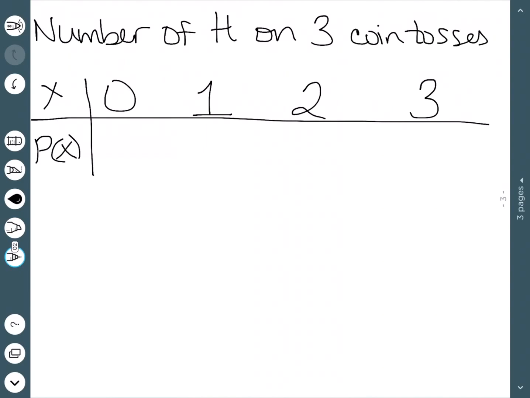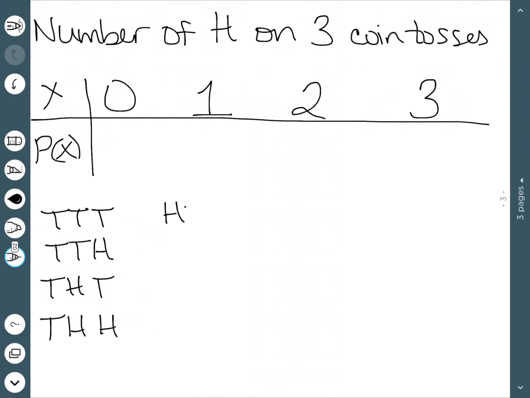Well, let's think of all the possible coin flips. I could do tails, tails, tails; tails, tails, heads; tails, heads, tails; tails, heads, heads. I could also do HTT, HTH, HHT, and HHH.